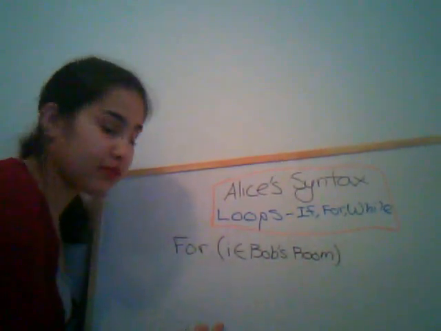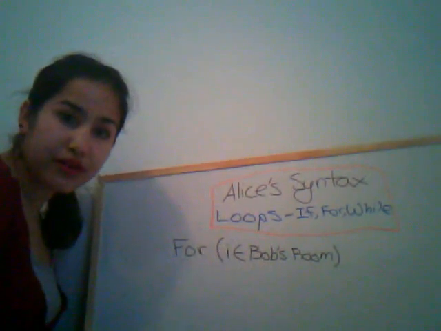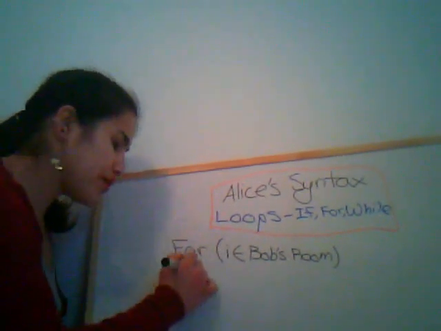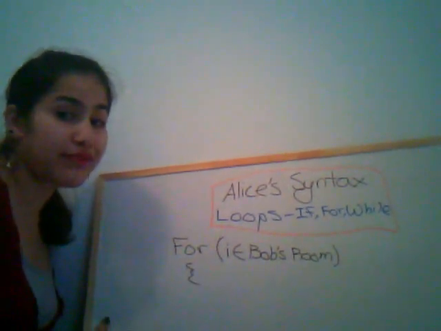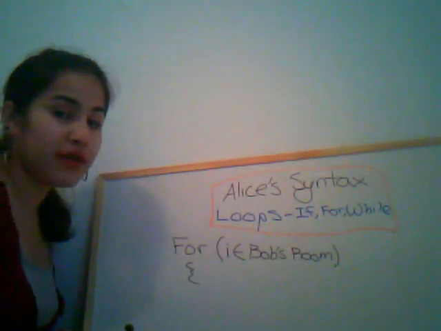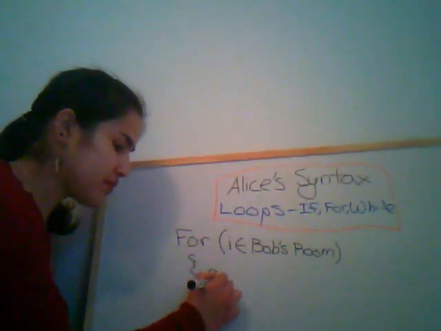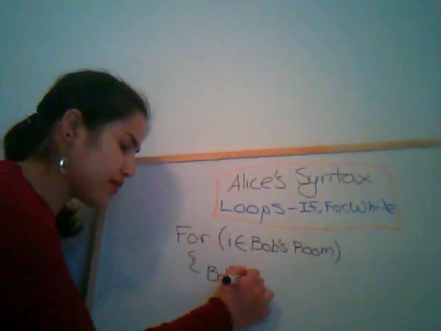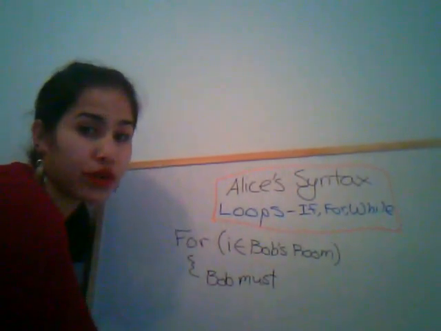By the way, I haven't said this before, but this means in. Please remember it. It almost looks like epsilon, only epsilon is a little bit rounder. For items in Bob's room, then what do we expect from this item? We'll have to do the following. Bob must place item where?